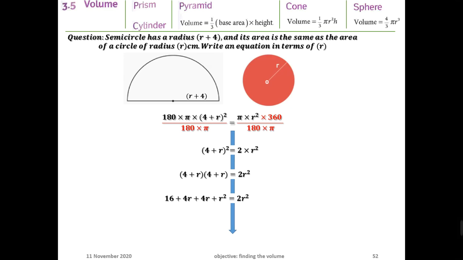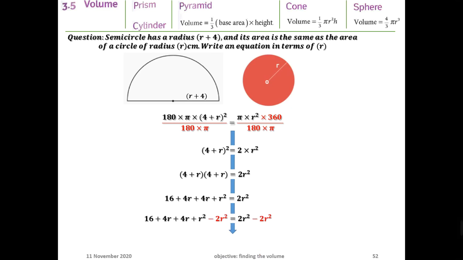Now, we want to transfer all the terms to one side, because the equation is basically like terms added or subtracted from each other equal to a number, which is 0. So let's bring the 2r squared to the left side of the equation by subtracting 2r squared from both sides.